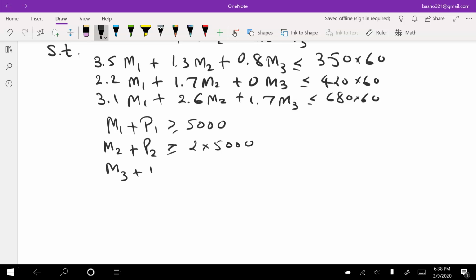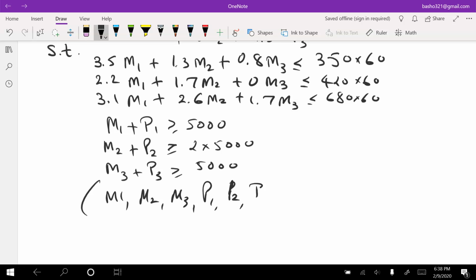Total straps should be 5,000. So M1, M2, M3, P1, P2, P3 all should be positive or 0.